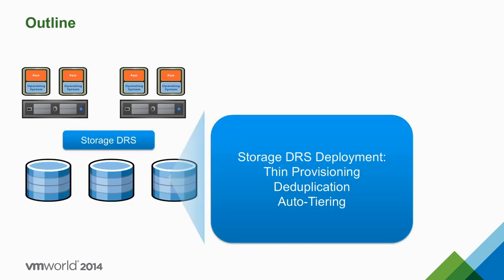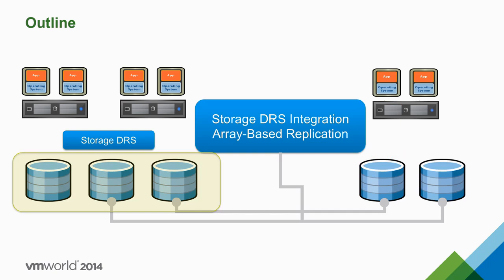Then we're going to switch gears and talk about storage DRS. Instead of looking at a single datastore, we're going to look at how storage DRS manages multiple datastores in the environment. We're going to start with how storage DRS operates with a variety of storage features in the environment, such as thin provisioning, deduplication, and auto-tiering. Next, we're going to look at how storage DRS operates with VMware features. The first one is SRM, Site Recovery Manager.